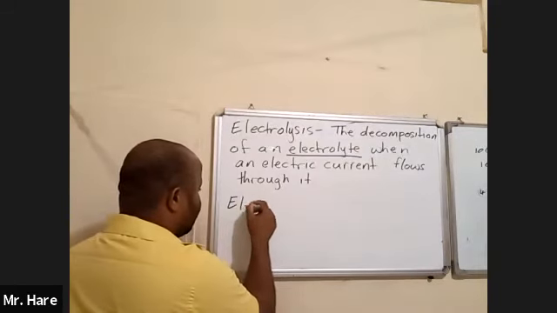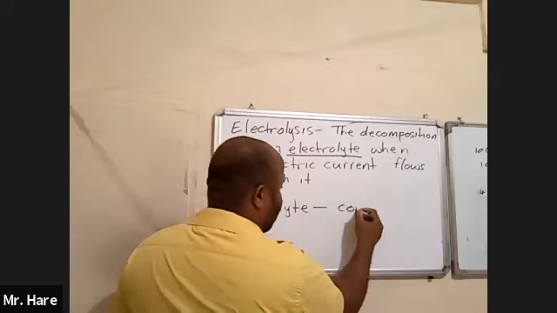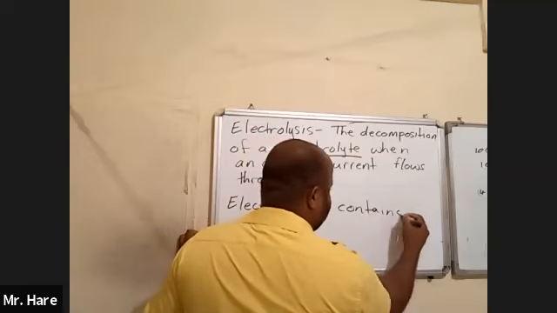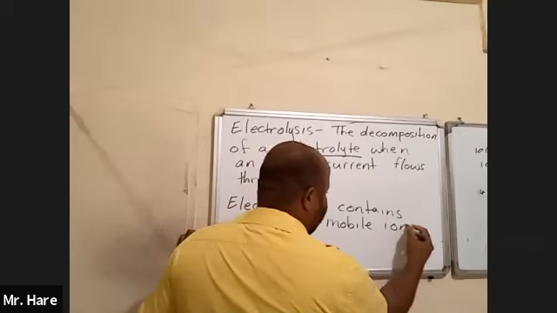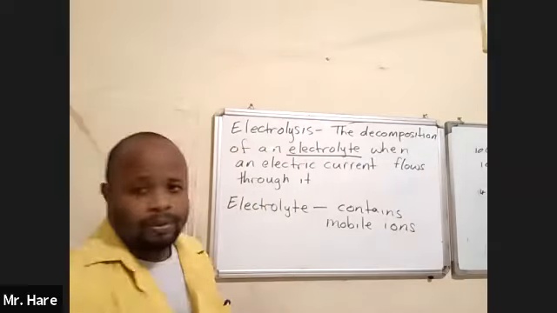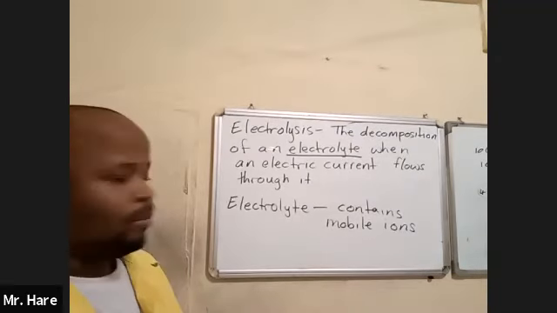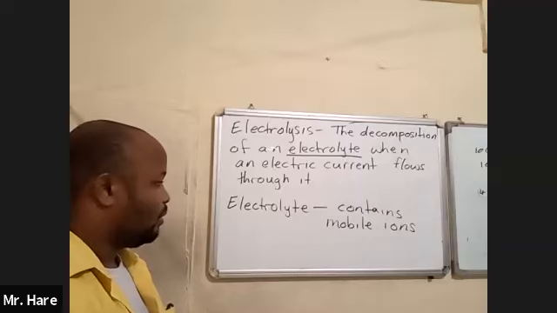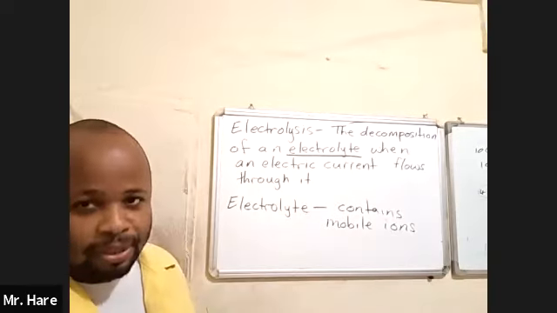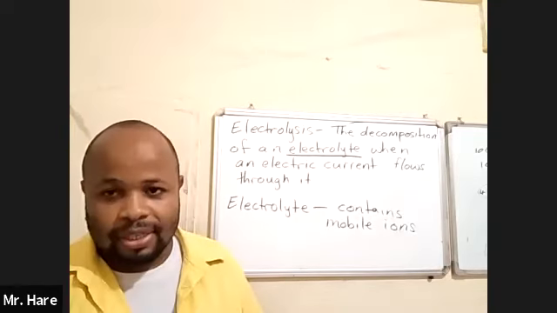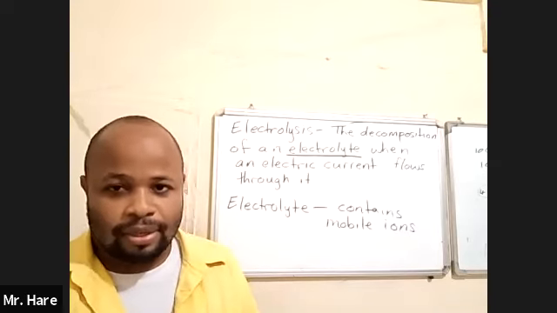So your electrolyte contains mobile ions. So if our electrolyte contains mobile ions, we need to know which substances can be used as an electrolyte and which cannot.